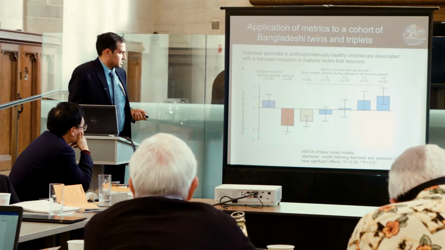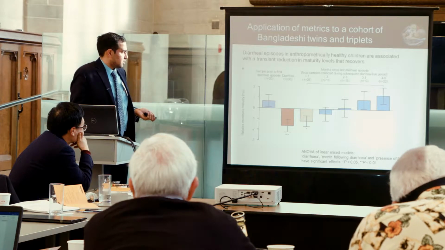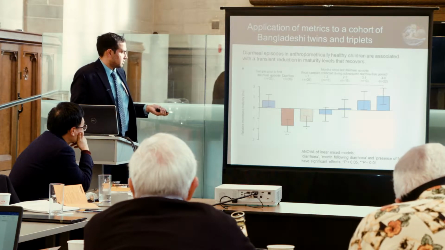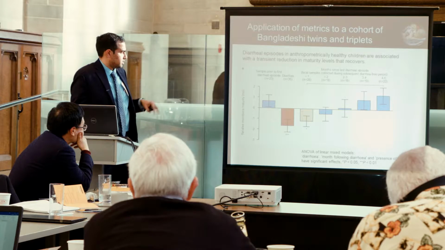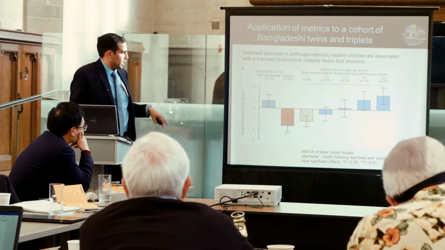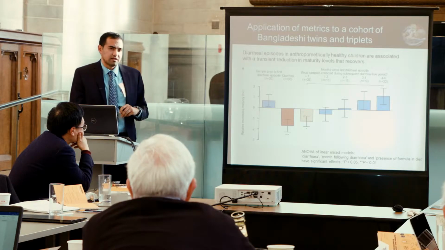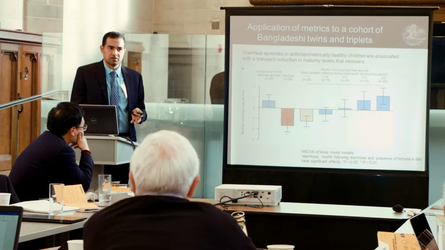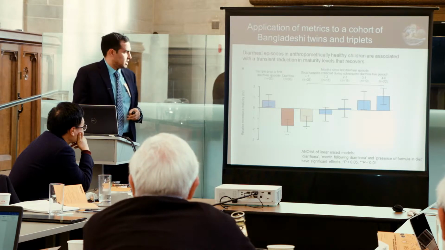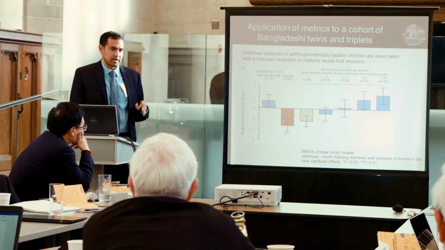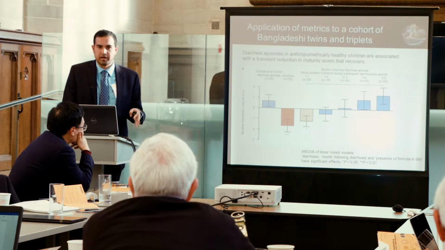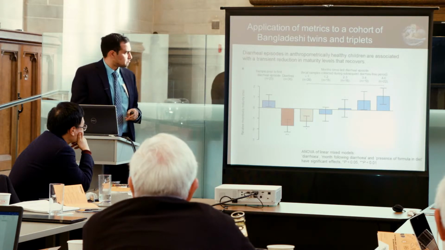But what we did find is that diarrheal disease was associated with a significant, at least statistically, drop in the maturation of the microbiota, and that recovered over time. It's important to note that in this population, the burden of diarrheal disease is about 5 diarrheal episodes per year. And we didn't find a specific association with any particular type of enteropathogen that we tested.